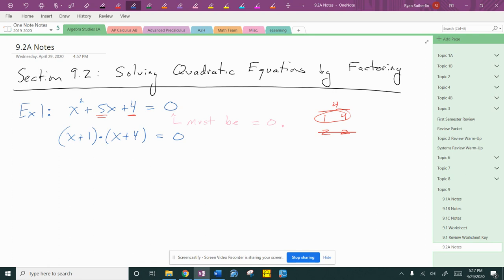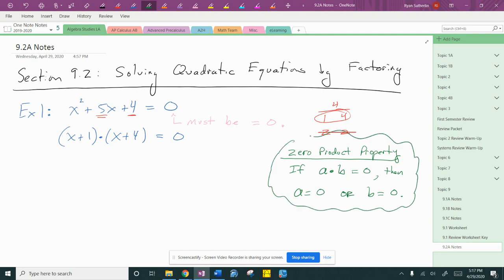Now, what we're going to do next is use something called the zero product property. I'm going to write this over to the side here. The zero product property says this: if I multiply two numbers, a times b, and I get 0, then one of two things has to happen. a equals 0 or b equals 0.